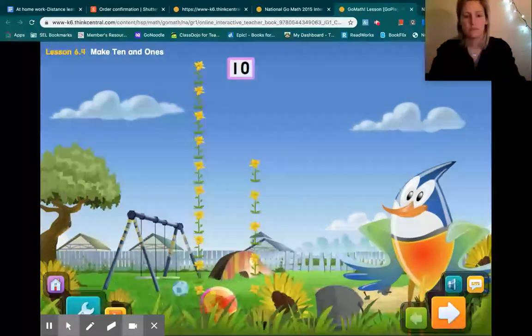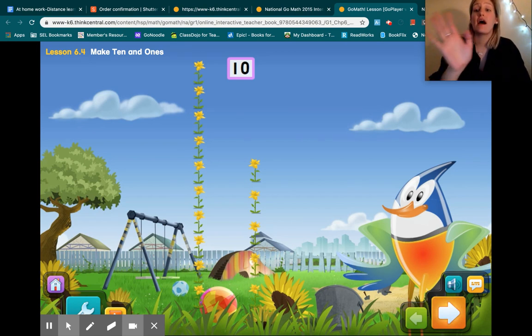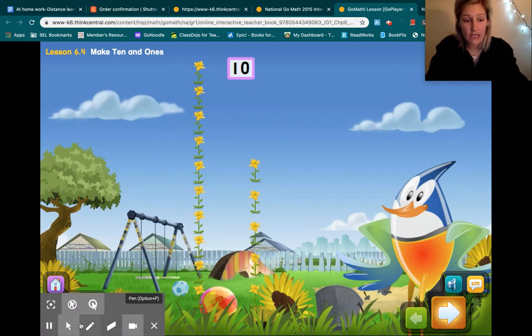Come on, let's see what we can find out. So before we move on, I want you guys to think. We know that tall row of yellow flowers has 10. We counted it out. And she said there are 15 flowers all together. So our addition sentence would be 10 plus something equals 15.